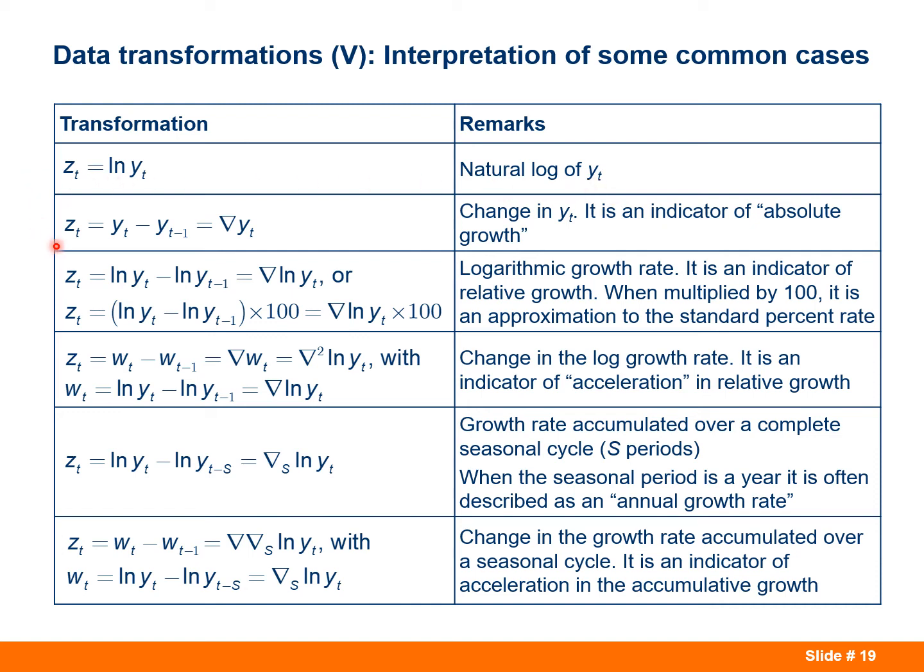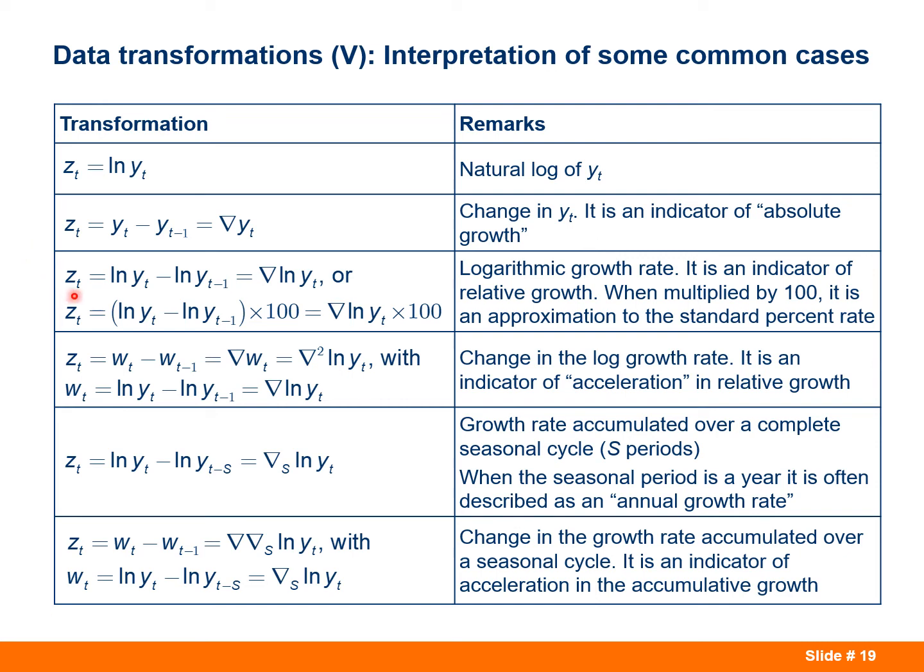Second, if we have ct equal to yt, note that it is without a log, minus yt minus 1, this will be equal to nabla yt. This will be the change in yt, and it is an indicator of absolute growth, that is, the growth of the time series in the original metric.